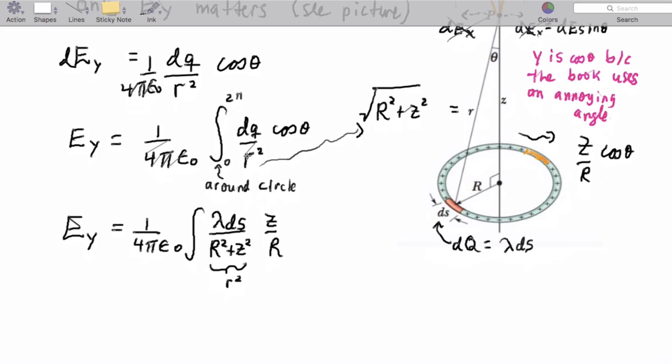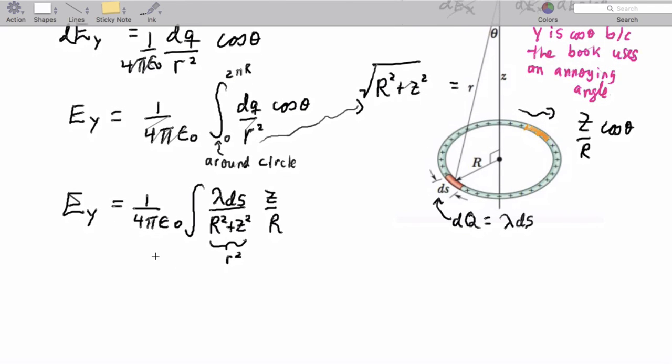I'm going to put a little r here for my limit point since I'm going to integrate around the circle. So here we go. E then, I'm going to drop the y because this is the total field. 1 over 4 pi epsilon naught, and we're basically just going to say that this is z times lambda.